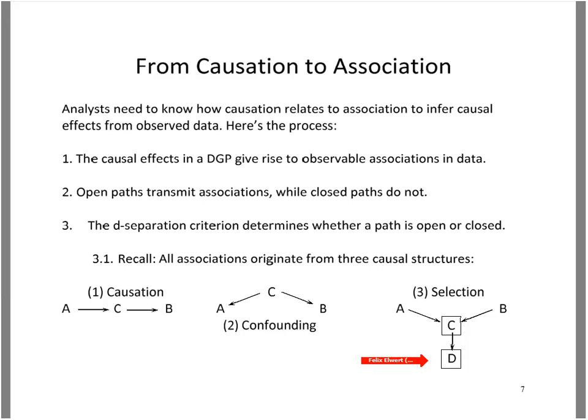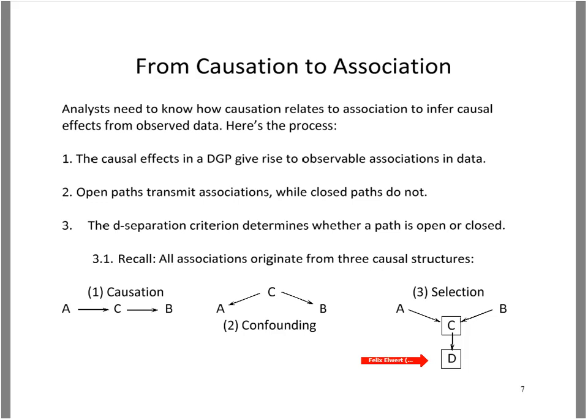So then finally we've said that we can identify the causal effect of the treatment on the outcome if we can isolate the association that flows just along the causal paths while closing all the non-causal paths between treatment and outcome. So that's the goal here. We want to condition on a bunch of variables to close all the non-causal paths and leave all the causal paths open. We're done with review now.